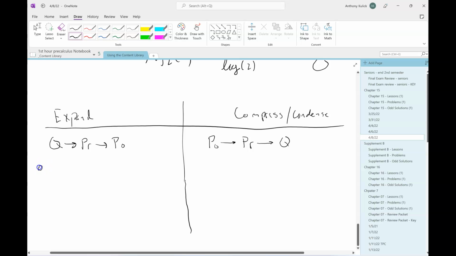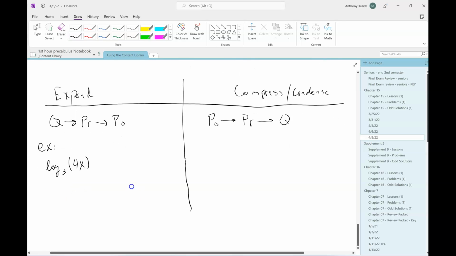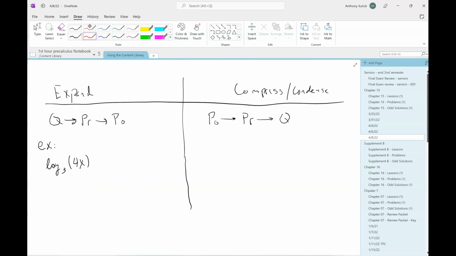So let's just run through a couple of examples. Let's say we have log base 3 of 4x. Start with something real easy. So what I'm doing is I'm first looking to see if I have any quotient properties going on. So I look inside my logarithm and look for any division.